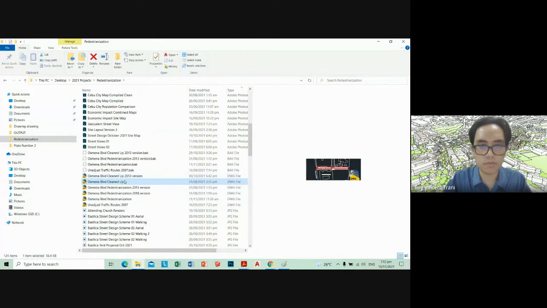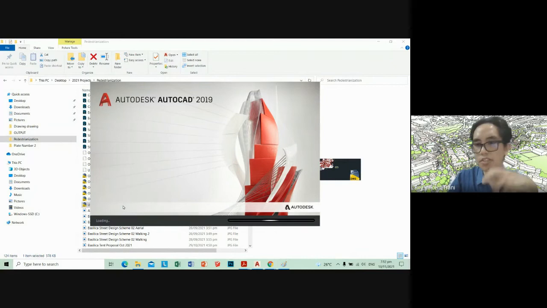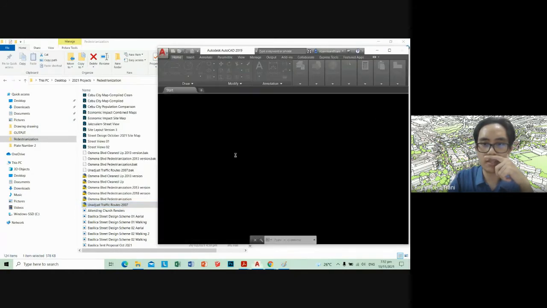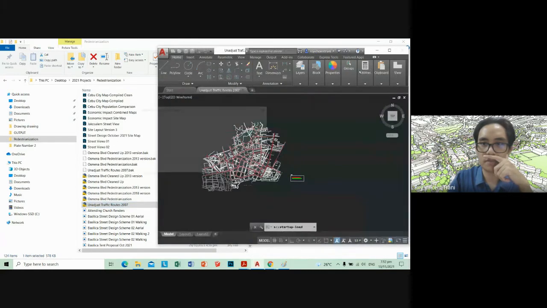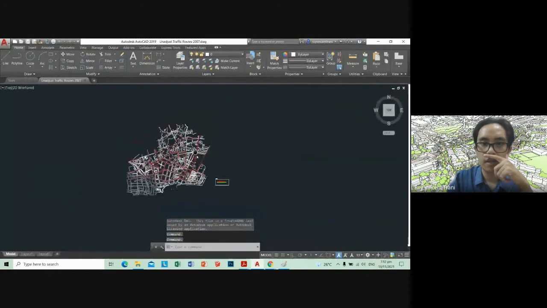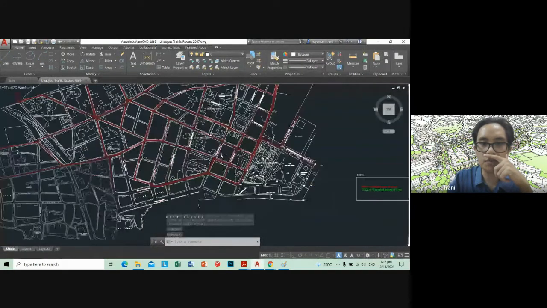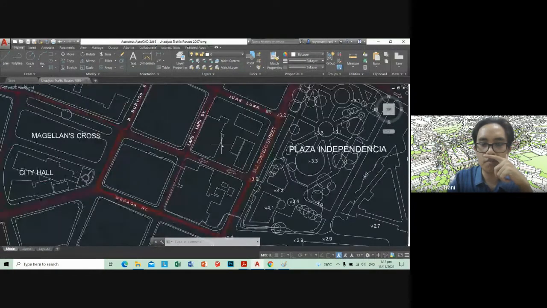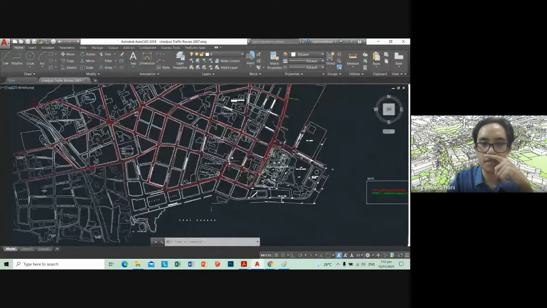This one is a bit detailed, but you can make something a little bit less detailed. You can just put up your AutoCAD, ignore the references, and just get the major roads. You don't need to draw the buildings, just the pattern.